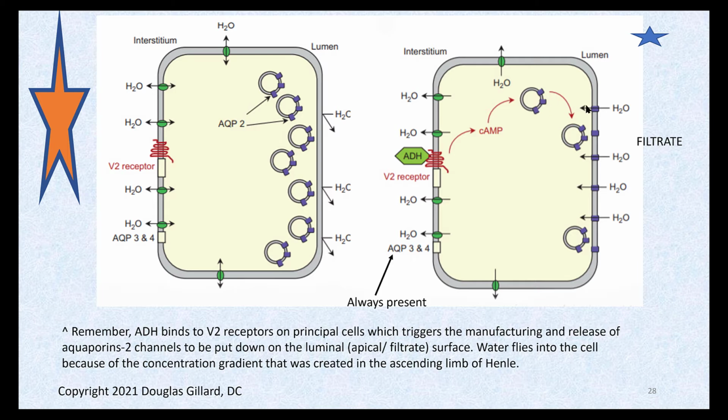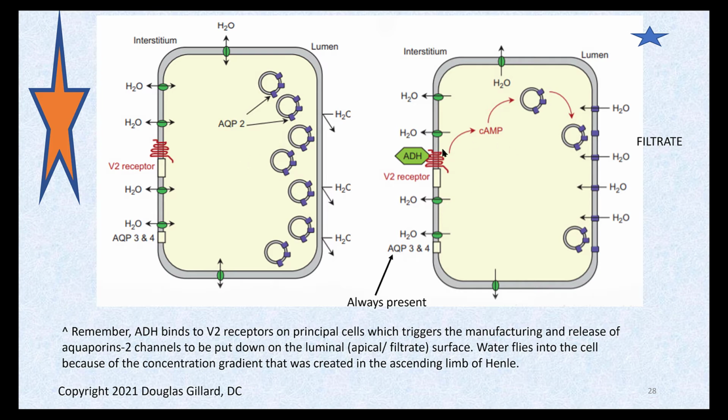And then they're implanted in the luminal surface of the principal cell. And because there are so many water molecules out here, the water will, even in a normal person, shoot right through here, fill up the cell, and then go out through aquaporin 3 and 4 channels here in dark green, which are always in place.